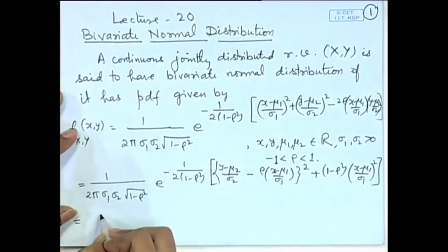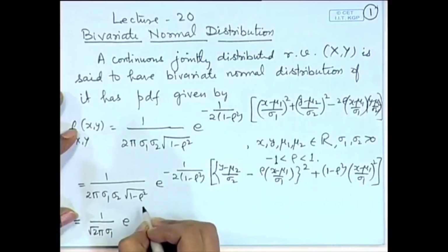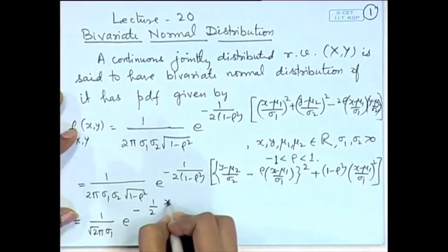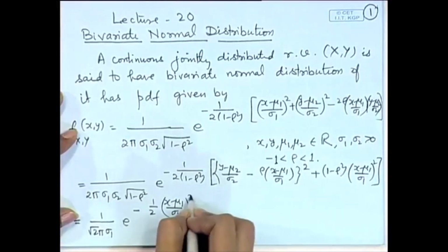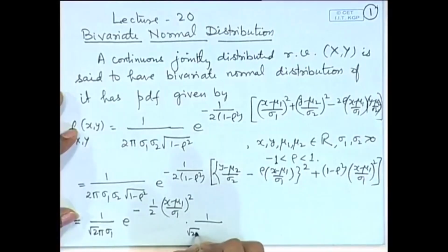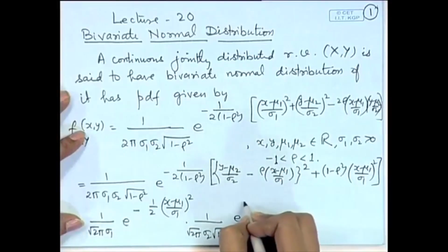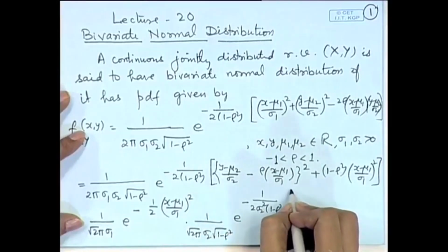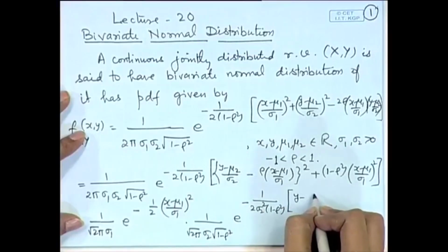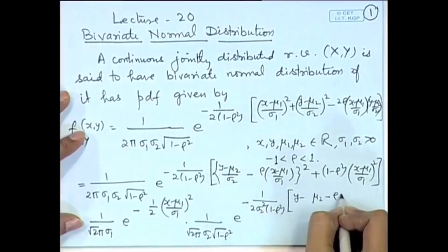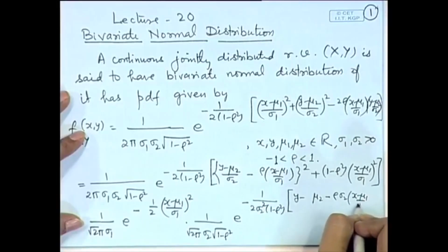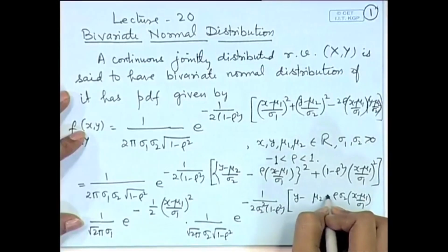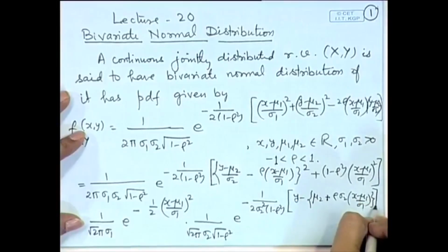which we can write as 1 by root 2 pi sigma 1, e to the power minus 1 by 2 ((x minus mu 1) by sigma 1) square, and 1 by root 2 pi sigma 2 root 1 minus rho square, e to the power minus 1 by 2 sigma 2 square (1 minus rho square) into (y minus mu 2 minus rho sigma 2 (x minus mu 1) by sigma 1) square.